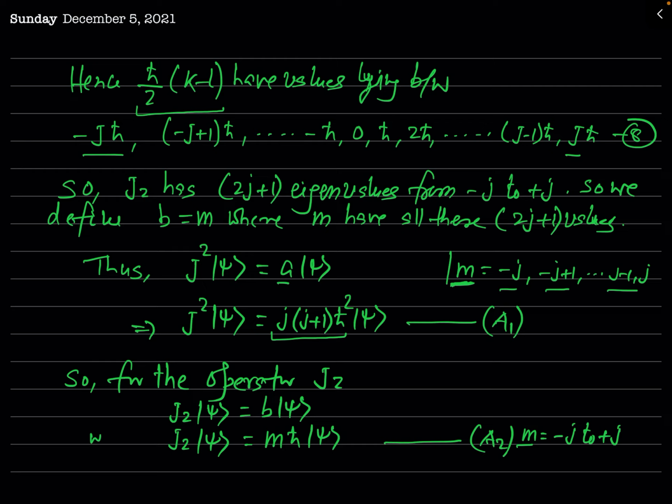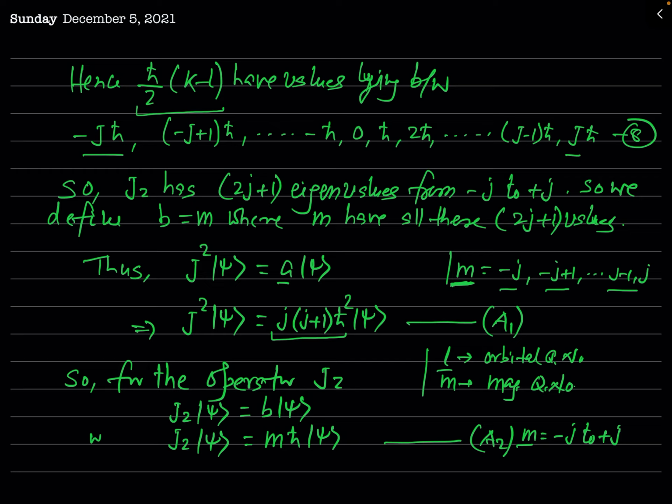And this quantum number is known as the magnetic quantum number, and you will see this l is known as the orbital quantum number. This l is also called the azimuthal quantum number in accordance with the Sommerfeld theory.